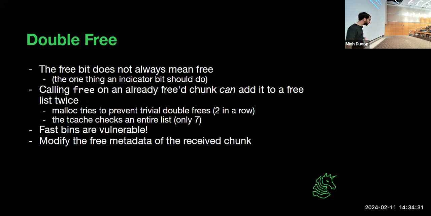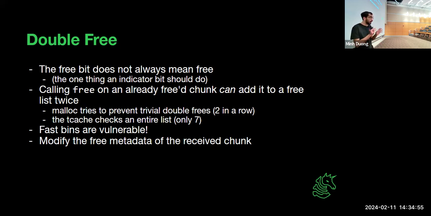All right, so the next bug we'll talk about is double free. The free bit doesn't always mean free, which is a problem because it can kind of confuse malloc if you do it incorrectly. All this is saying is if I free a pointer and then I don't clear the pointer and free it again, malloc will just assume that you tried to free two independent chunks.